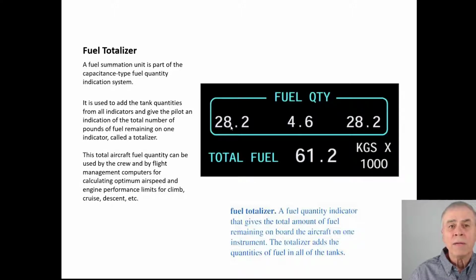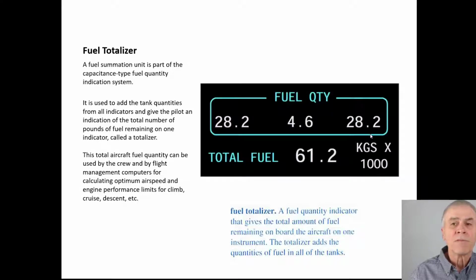So 28 in the right wing, 4 in the middle, usually the fuselage tank, for a total. Rather than adding them up or pulling out your calculator, it basically adds up to 3. Not exactly the same because I see 0.2, 0.6, 0.2, which should be a 0.0.